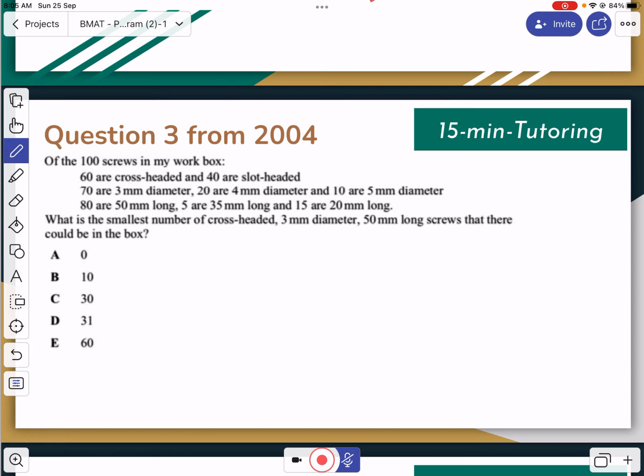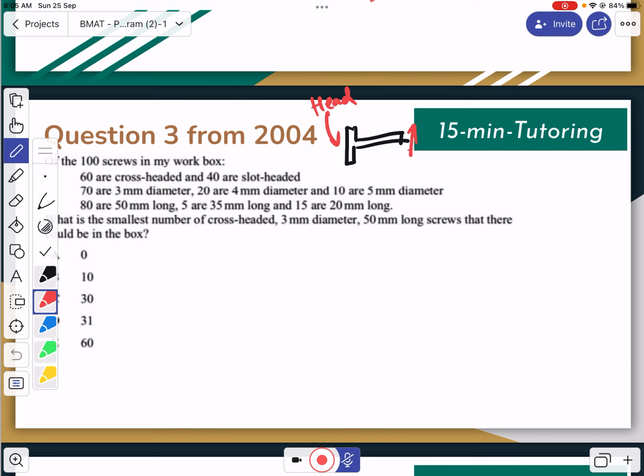Now, what is happening here? If you look at one screw, let me draw it here. There are 3 features that they talk about in this question. They talk about the pattern at the head. So there are two groups: the cross-headed one, 60 screws, and the slot-headed. That's the first line. On the second line, you have the diameter: 3 mm, 4 mm, 5 mm.